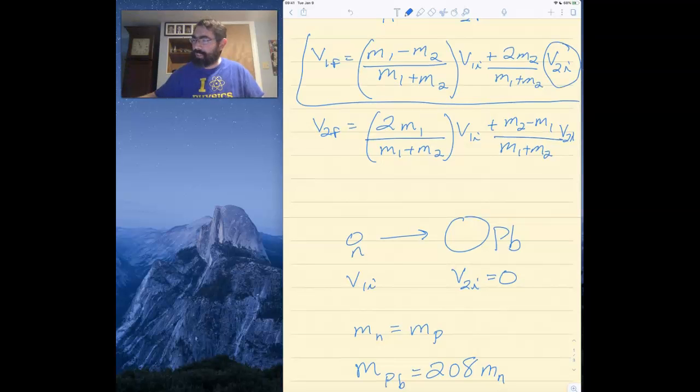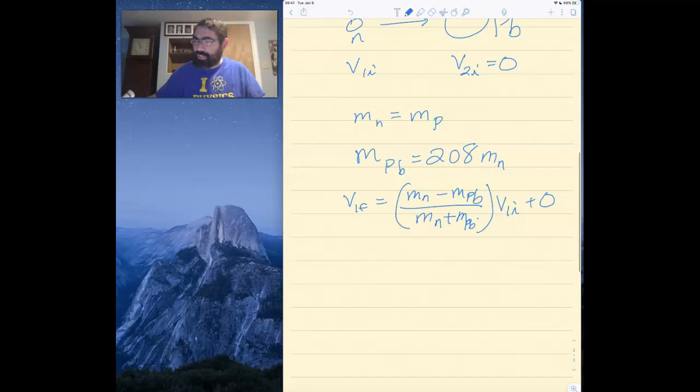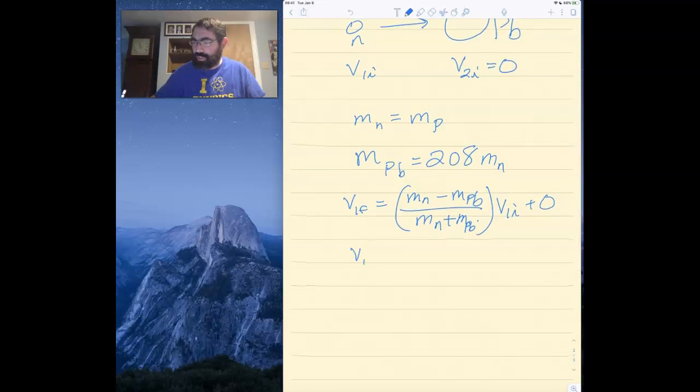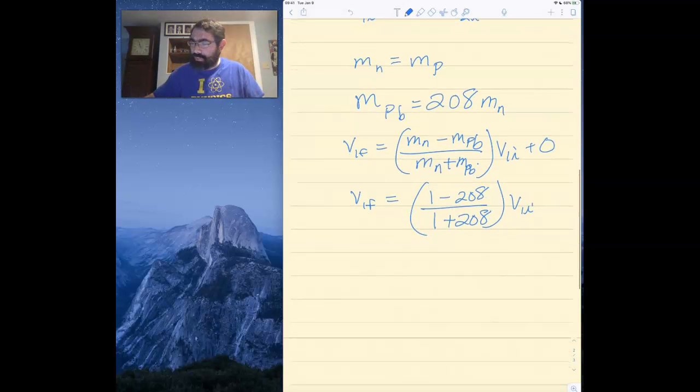So the final speed is 1 minus 208 divided by 1 plus 208, times the initial speed of the neutron, which gives minus 207 divided by 208 times the initial speed. The minus sign means it bounces off and moves in the other direction.